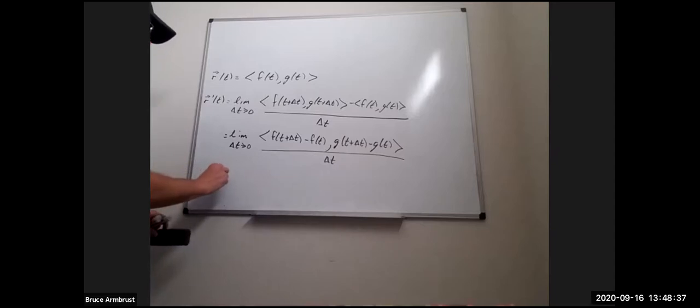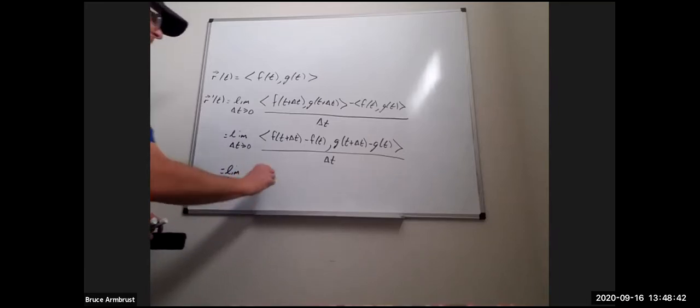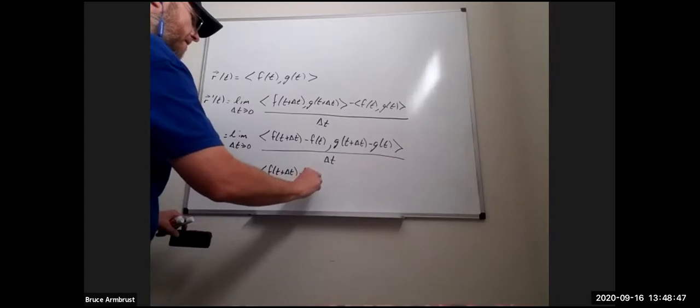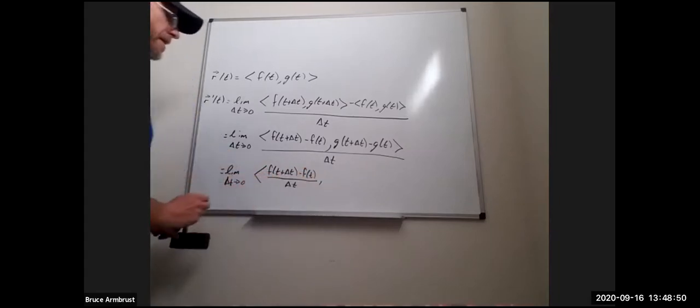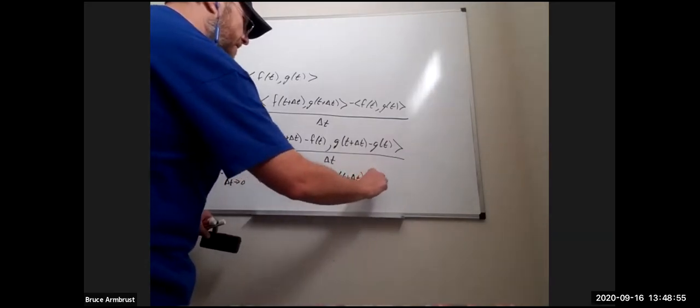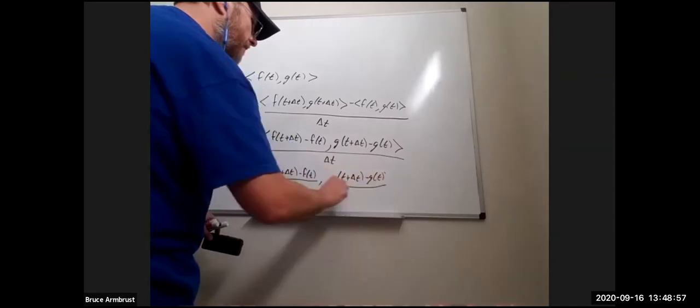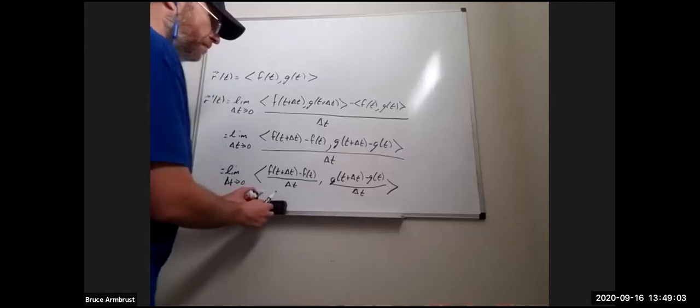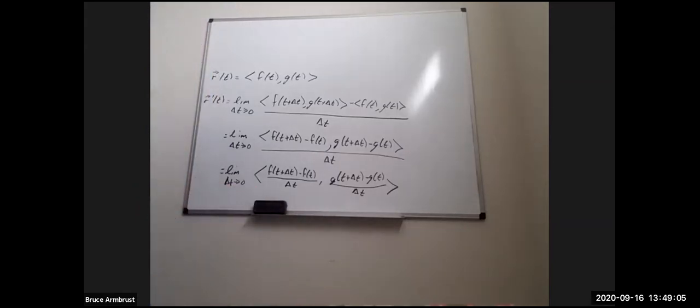So we'll get the limit as delta t goes to 0 of f of t plus delta t minus f of t divided by delta t, comma, g of t plus delta t minus g of t divided by delta t. All right, so this has just been vector algebra. But now let's take the limit.